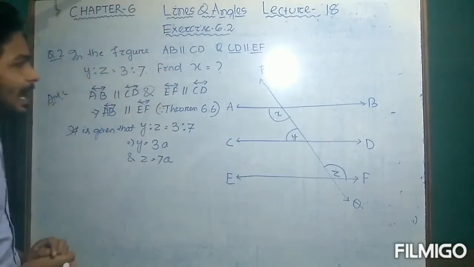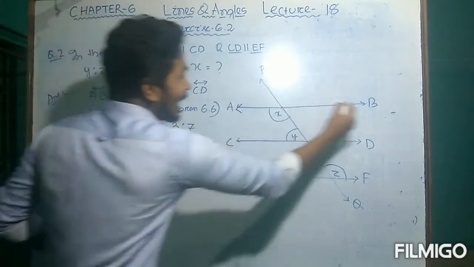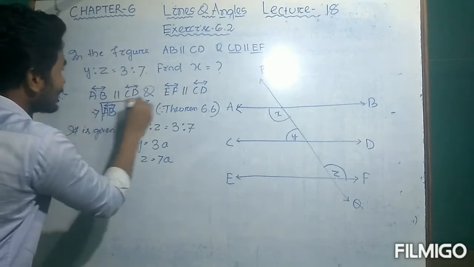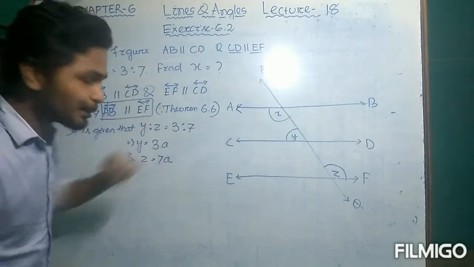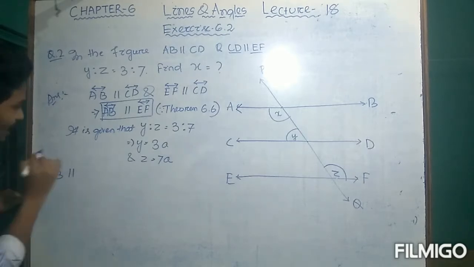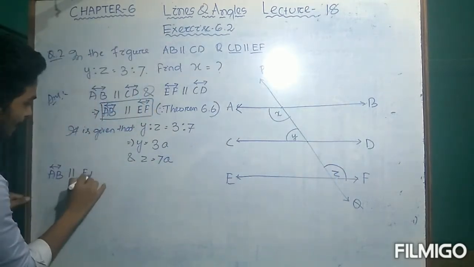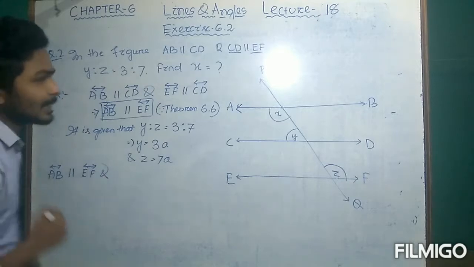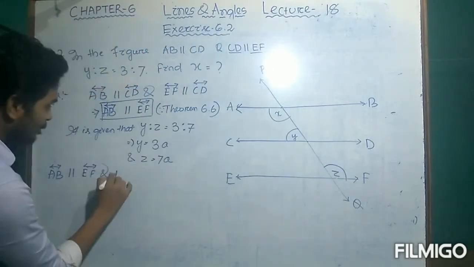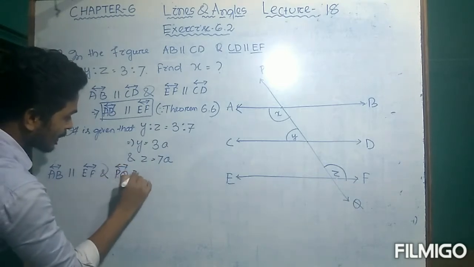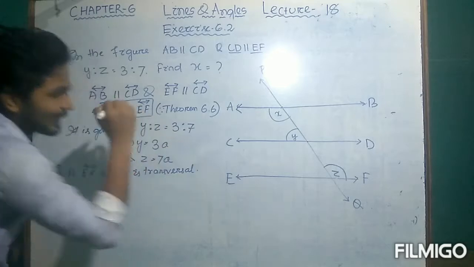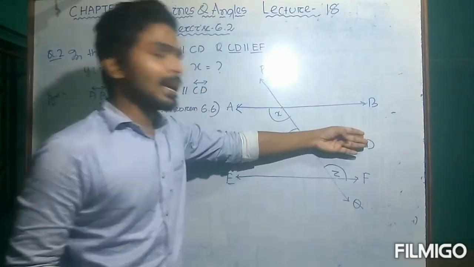Now we will find the value of x here. How can we find it? We know that line AB is parallel to line EF. Yes or no? Yes, according to theorem 6.6. So AB is parallel to EF and PQ is a transversal line. Forget about line CD.